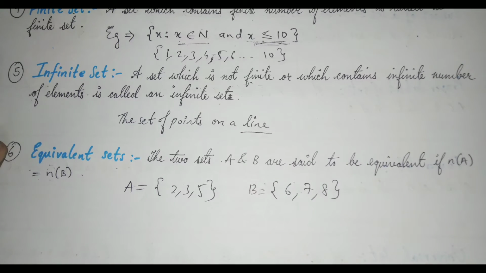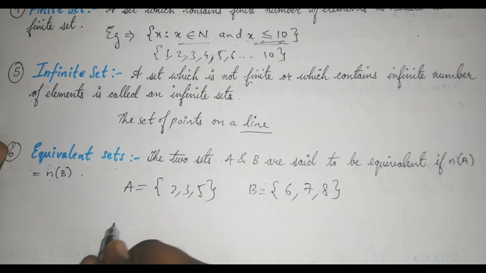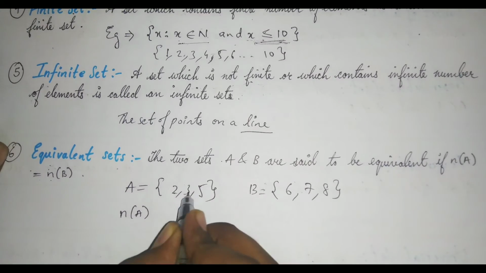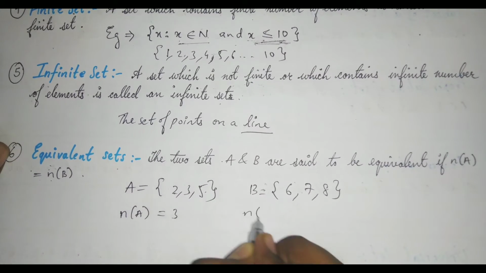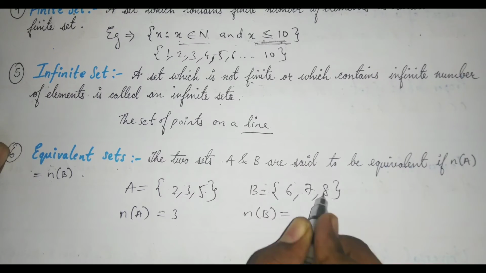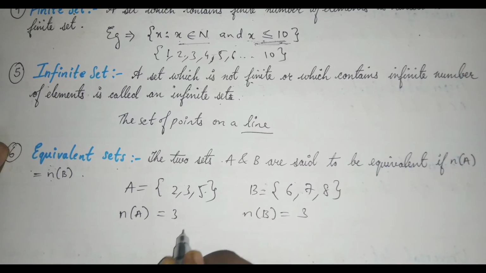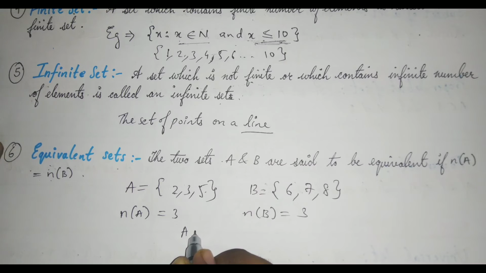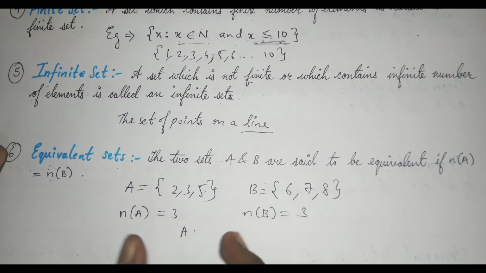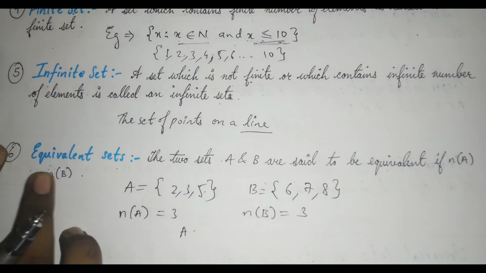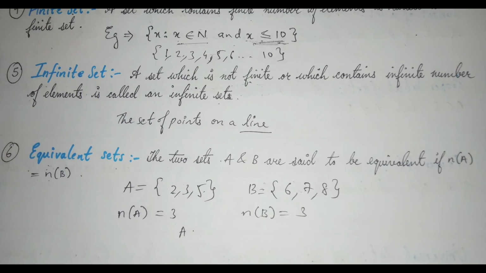When you observe, the number of elements in A is 1, 2, 3, so 3. The number of elements in B is again 1, 2, 3. So sets A and B contain an equal number of elements, and we can say these two sets are equivalent sets.